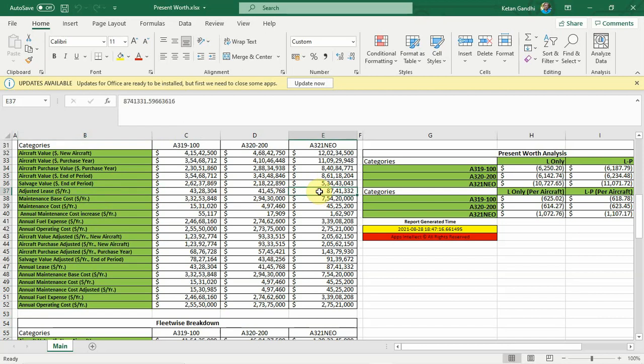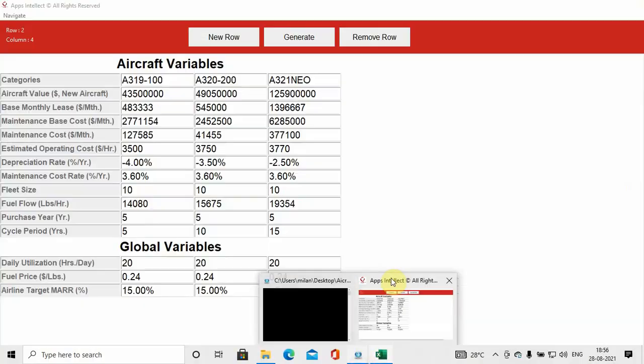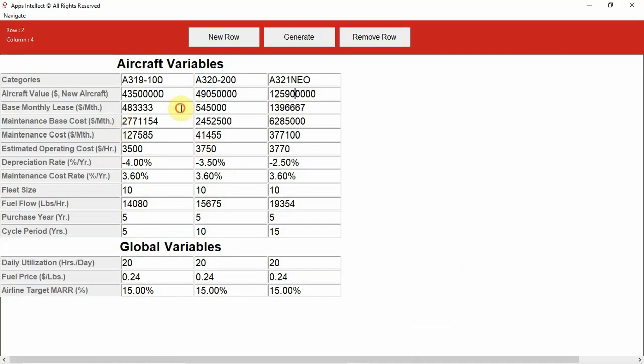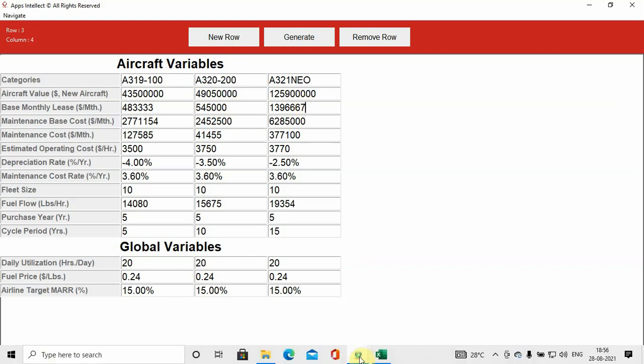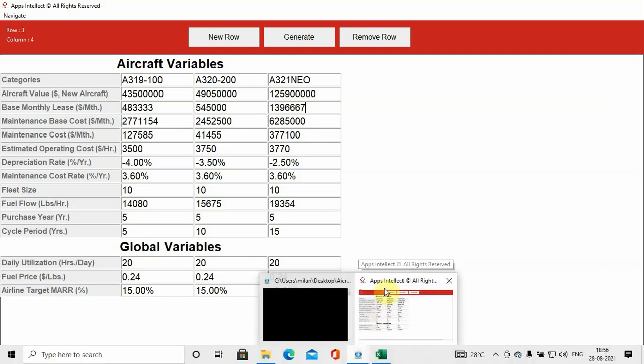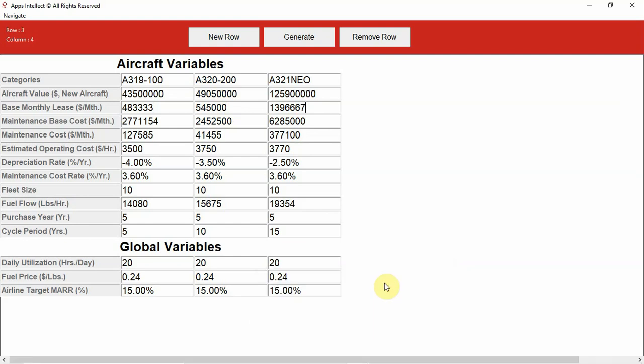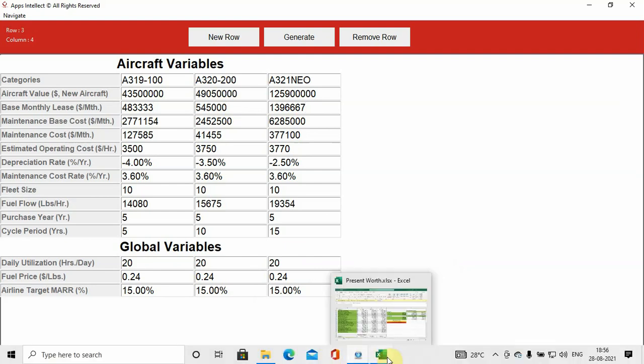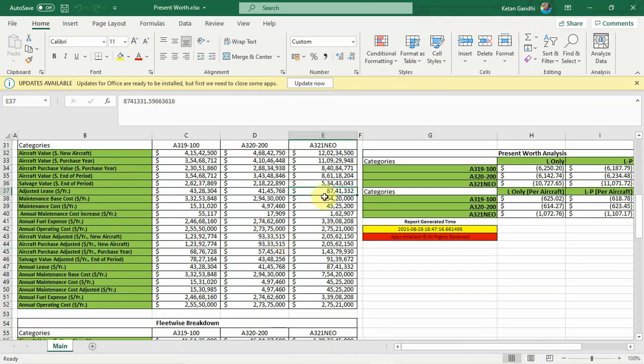So the adjusted lease is the base monthly lease, then the discounts which are applicable on the fleet size and the discounts which are applicable on the individual leases, like for the lease term, and that is multiplied by the yearly figure. So we are looking at 12, so the adjusted lease comes.